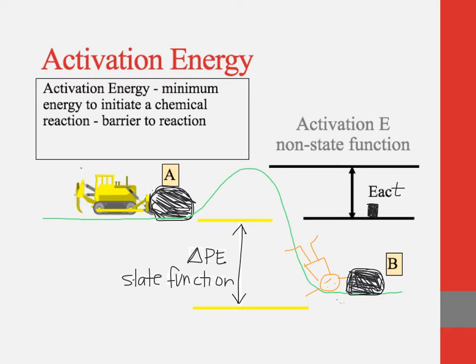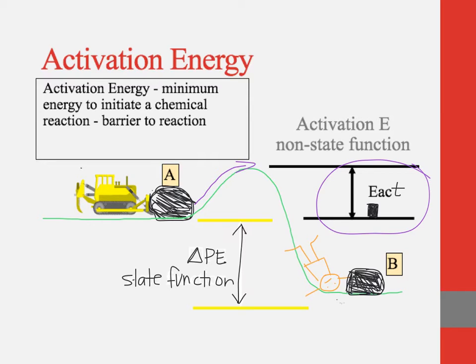So here you have a bulldozer that's trying to push this rock, okay? And in order for this rock to continue down the hill, it's got to climb to here. So this is our activation energy, the amount of energy needed to get this reaction started. Now, if you notice, this looks like a potential energy diagram.